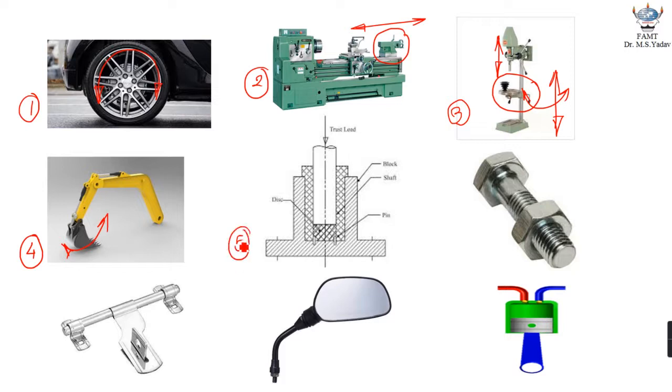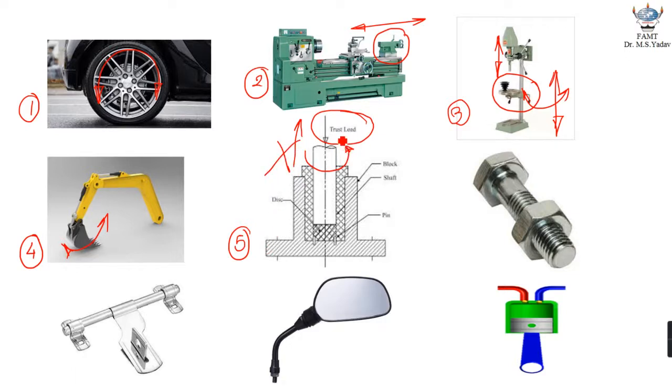This is basically a footstep bearing, and in this footstep bearing, this shaft can turn in clockwise or anti-clockwise direction. But if I try to pull it out, or if I try to take it out, because of this thrust load which is acting right at the top, it cannot be pulled out, right?